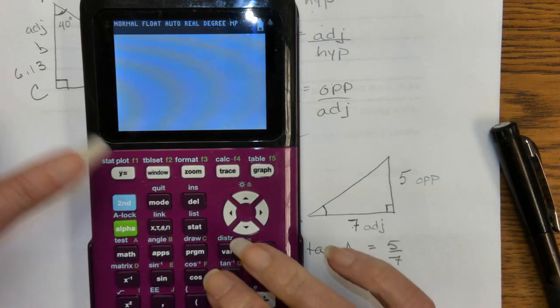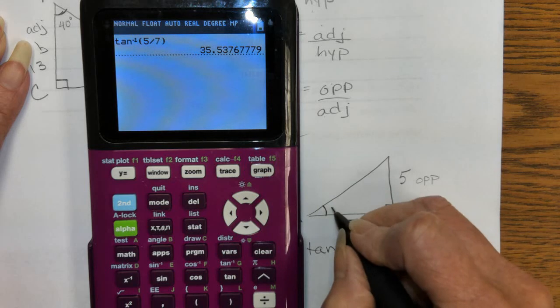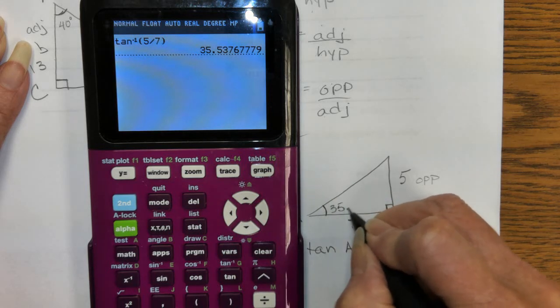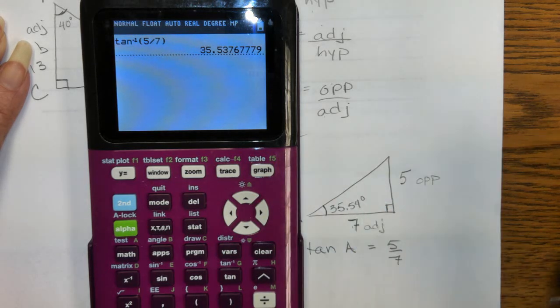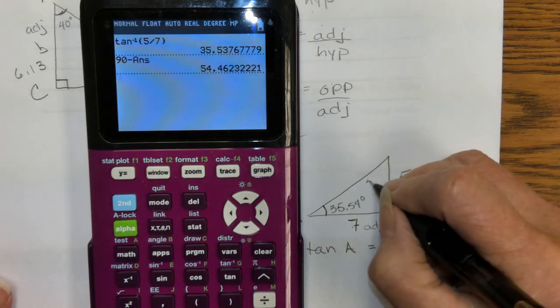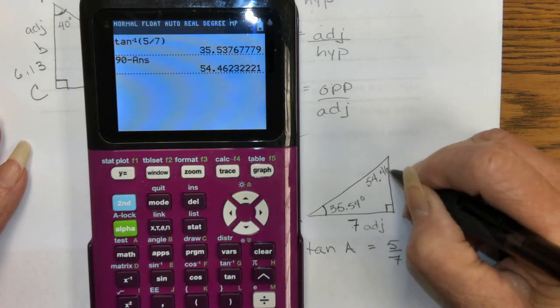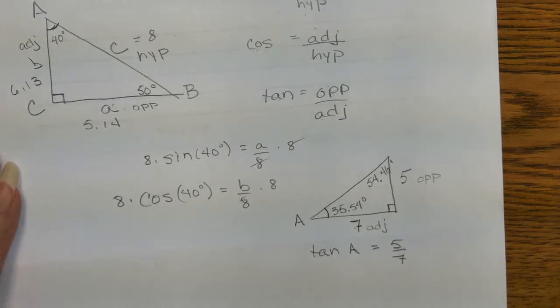So second tangent, and then I just put in the ratio 5 divided by 7, enter, and I'm told that my angle is approximately 35.54 degrees. And then to find the other acute angle, just take 90 minus answer and get 54.46 degrees. And that's all there is to it.